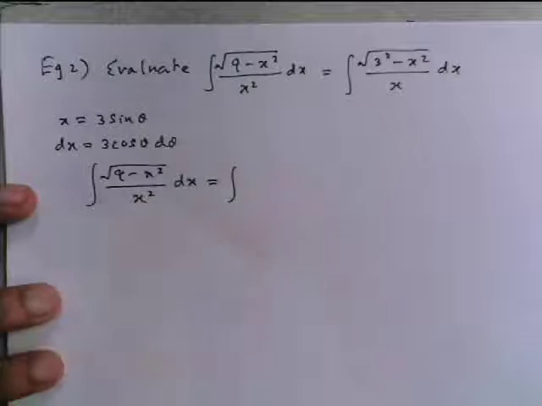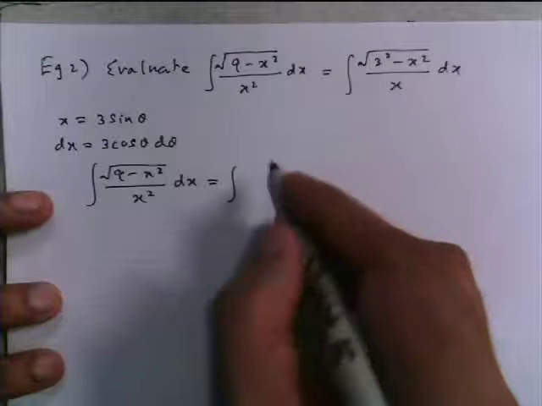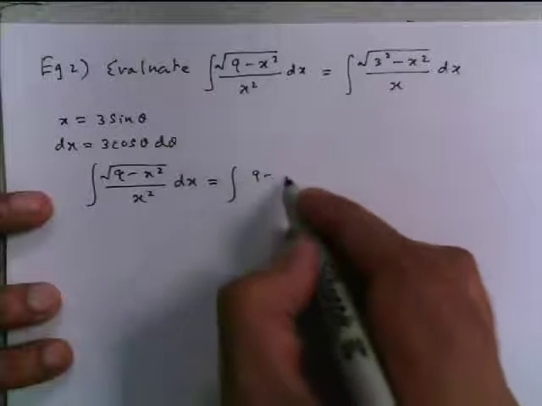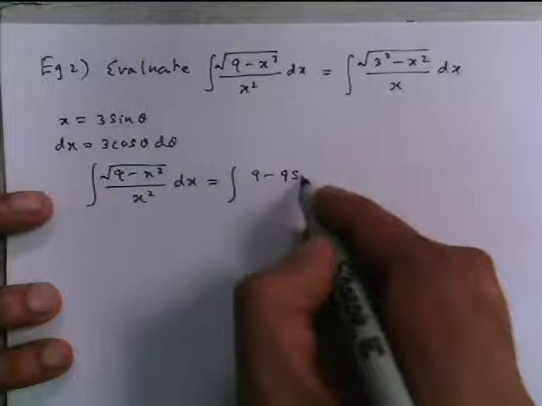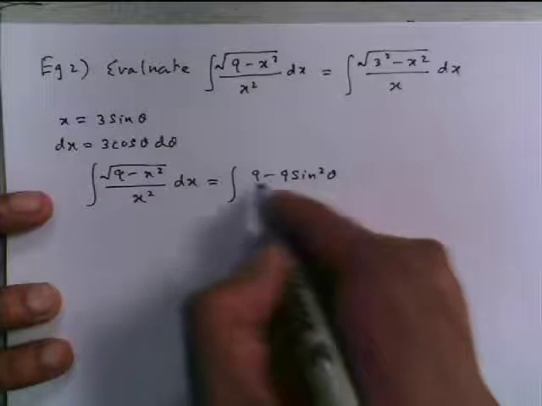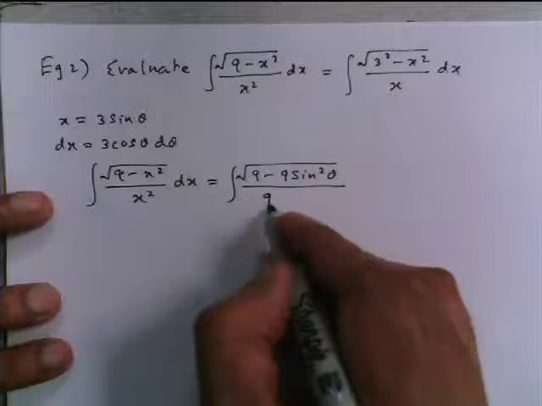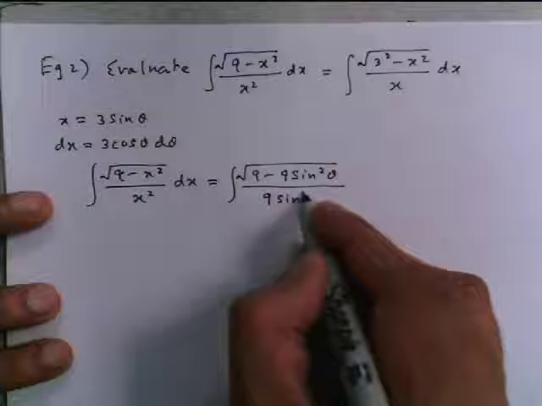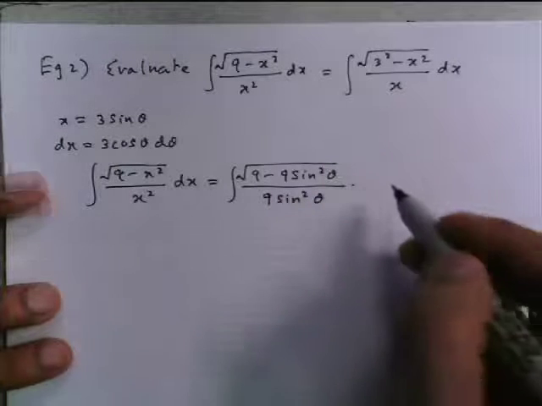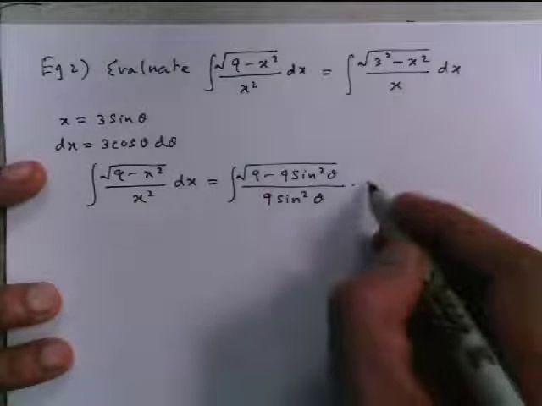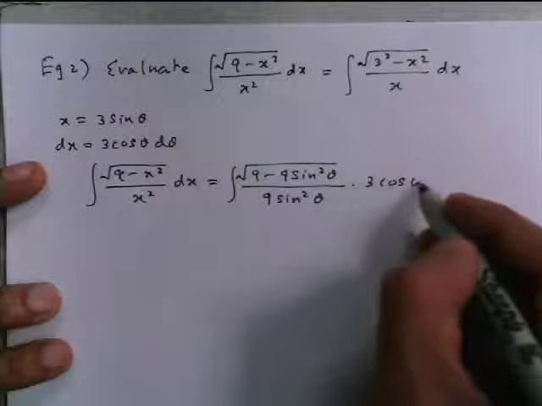Yep. Okay. So it is 9 minus 9 sine squared theta square root. x equals 3 sine theta, so this is 9 sine squared theta. dx equal to 3 cosine theta d theta.